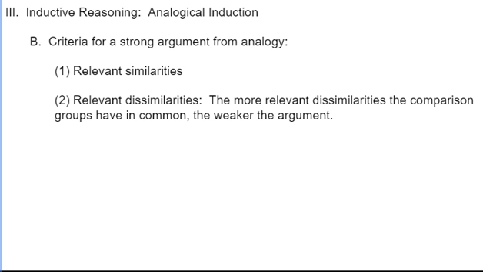Maybe that's not a relevant dissimilarity when it comes to a certain kind of brain cancer, right? Maybe tails just don't matter. Maybe that's a dissimilarity that's irrelevant. But there are lots of relevant dissimilarities between human bodies and mouse bodies, right? So that would make it weaker.